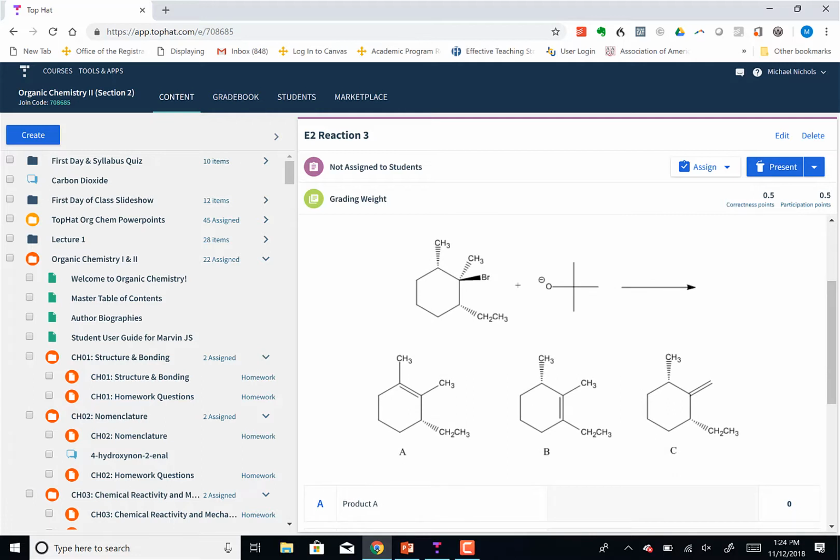Why was that? Jacob? Because the carbon coming off the ring, the CH3, has 3 beta hydrogens connected to it, and one of those is anti-periplanar to the bromine.